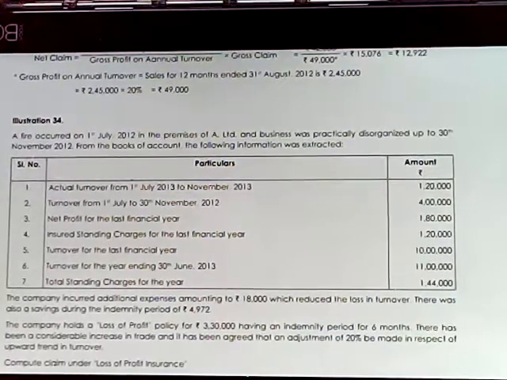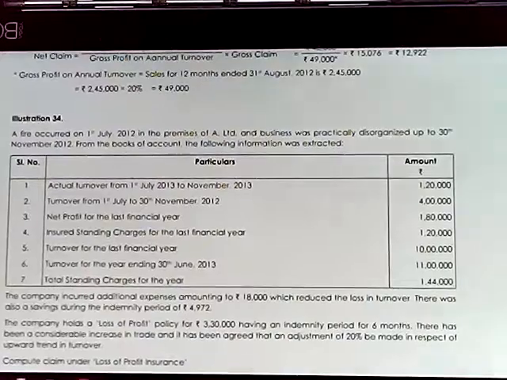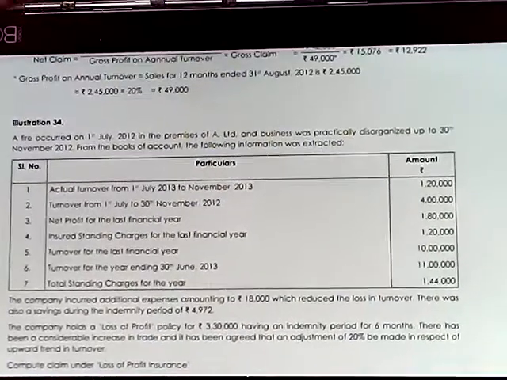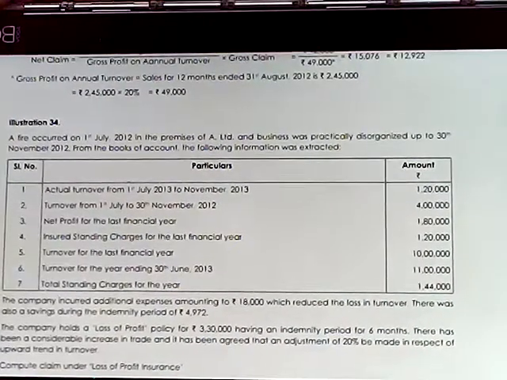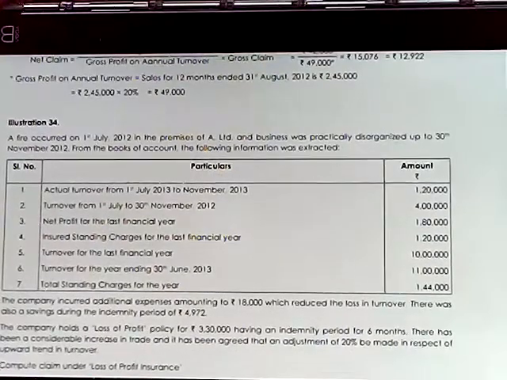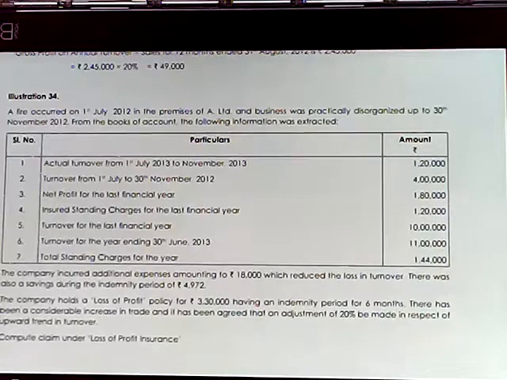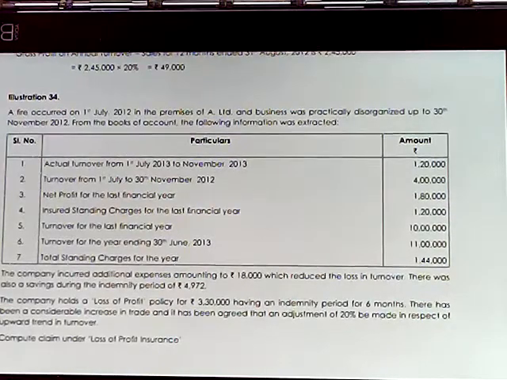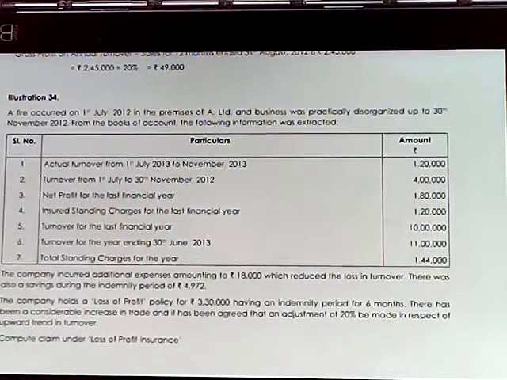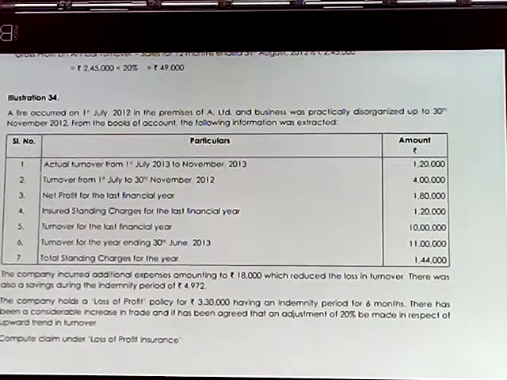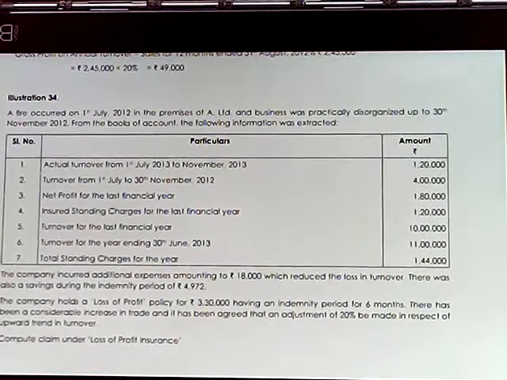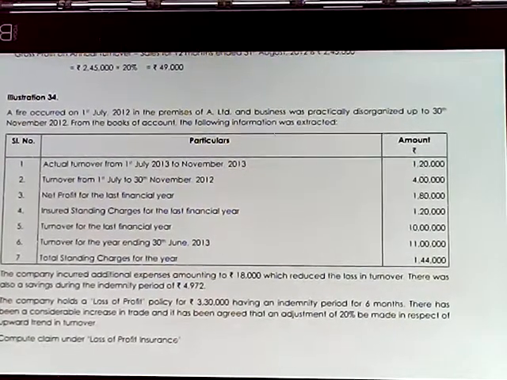Insured standing charges for the last financial year is 1,20,000. Turnover for the last financial year is 10 lakh. Turnover for the year ending 30th June 2013 is 11 lakh. Total standing charges for the year is 1,44,000. The company incurred additional expenses amounting to 18,000, which reduced the loss in turnover. There was also a saving during the indemnity period of 4,972.